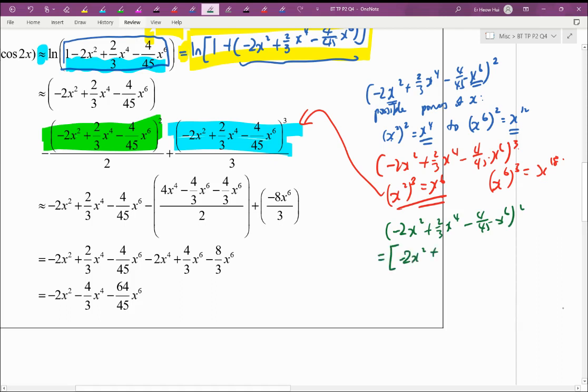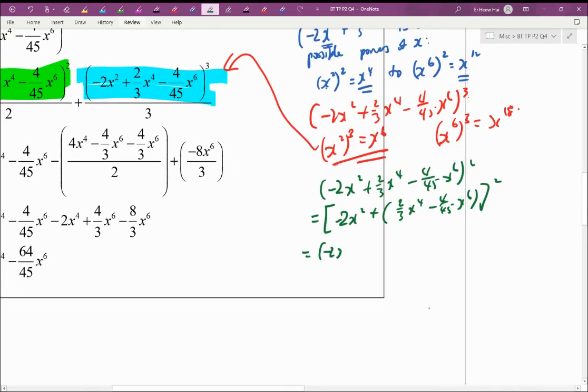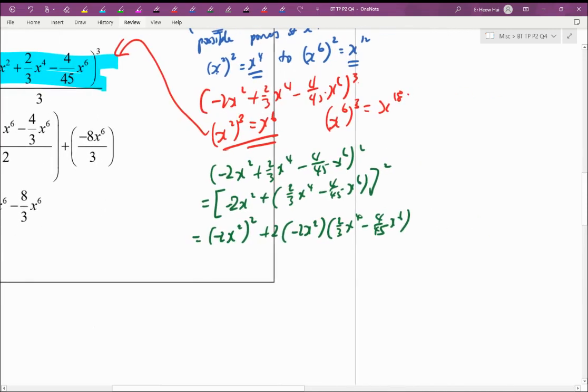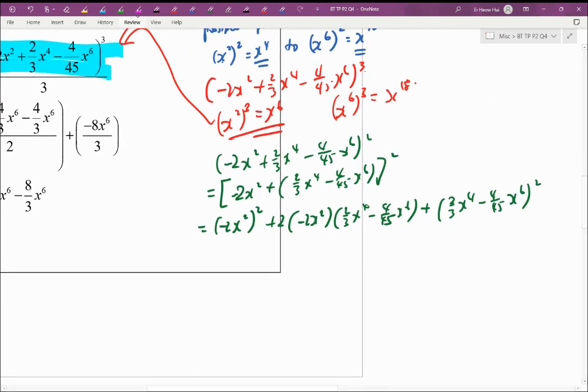Then this becomes a² plus 2 times (-2x²) times (2/3 x⁴ - 4/45 x⁶), plus (2/3 x⁴ - 4/45 x⁶) squared. Right, so you notice that the x⁶ and x⁴ terms will come from this term.